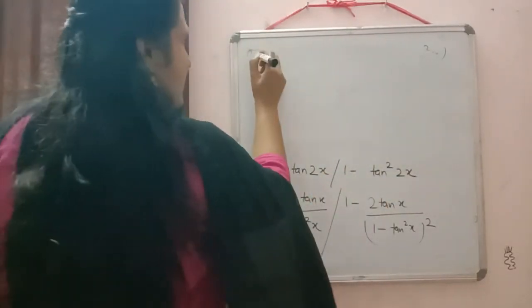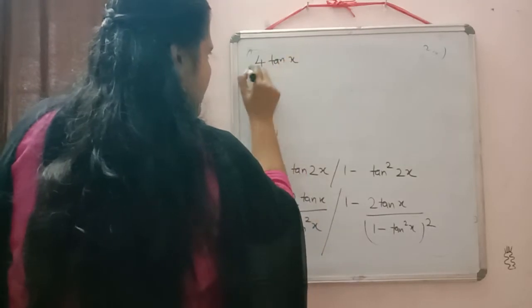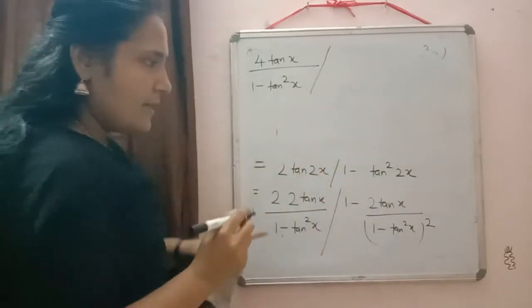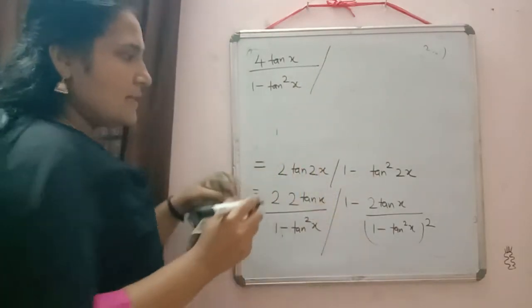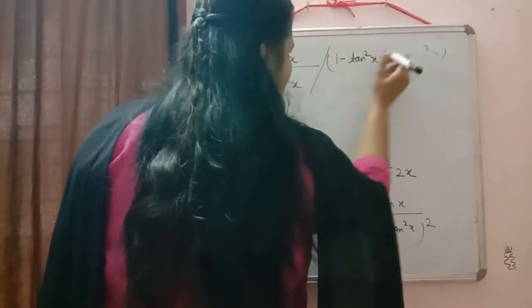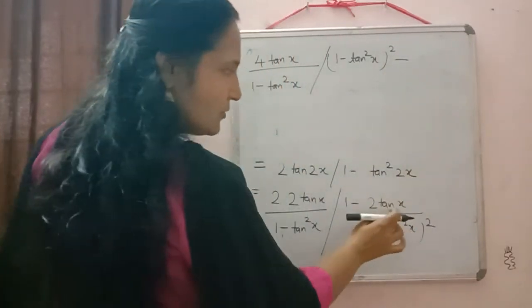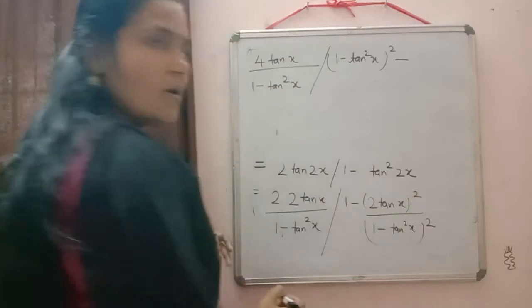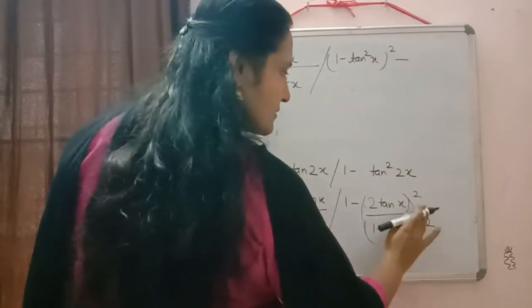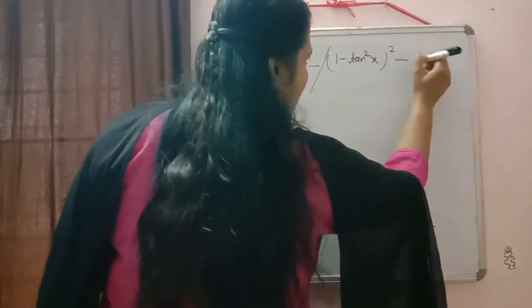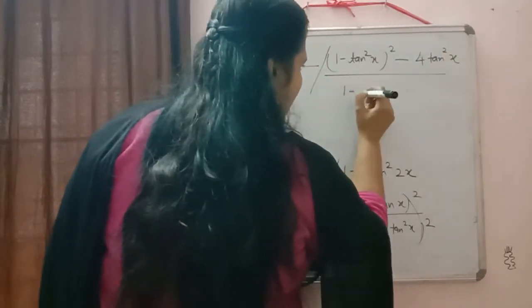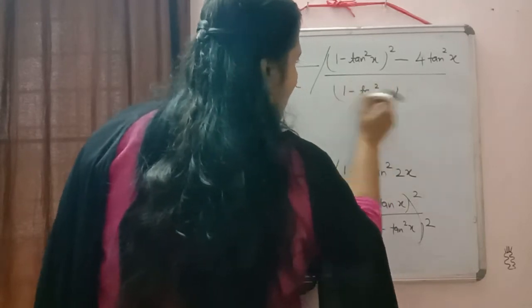Now we can check how we can simplify it. 2 into 2 will be equal to 4 tan x by 1 minus tan square x divided by, here when we do the cross multiplication, then it will be equal to 1 minus tan square x the whole square minus 2 tan x the whole square will come, because tan square 2x means in this way it will come, it is the whole square. Okay. So it will be equal to 4 tan square x by 1 minus tan square x the whole square.